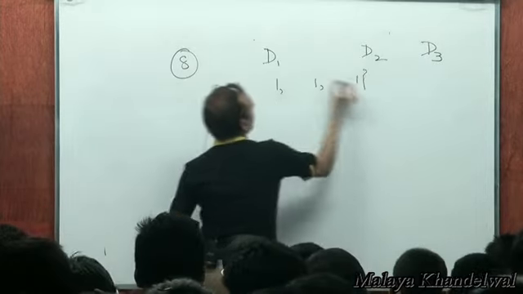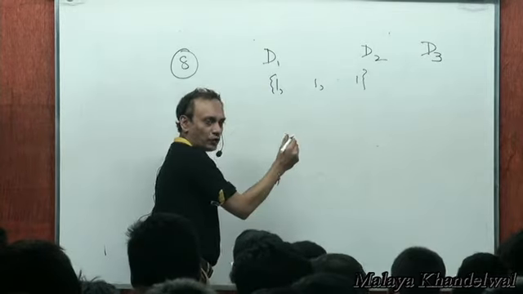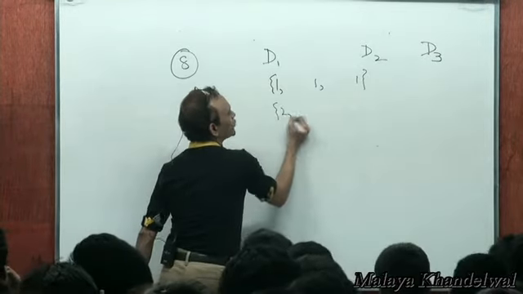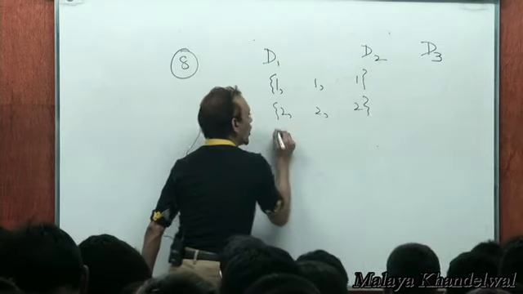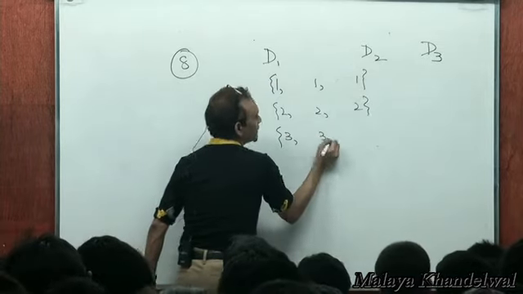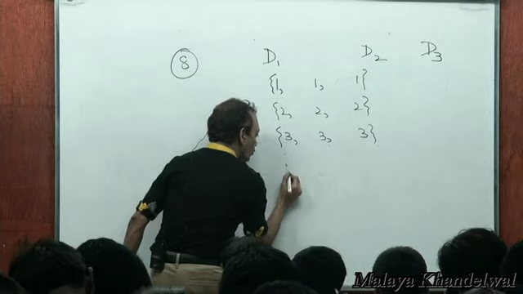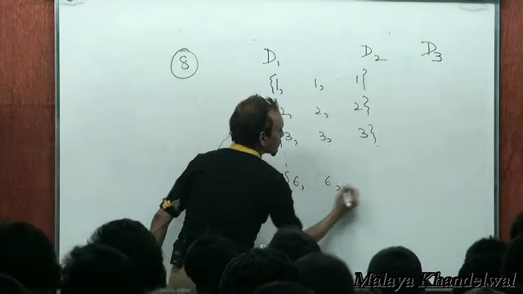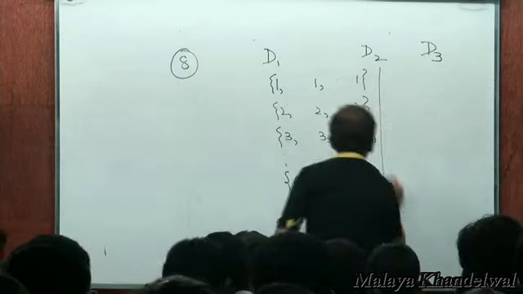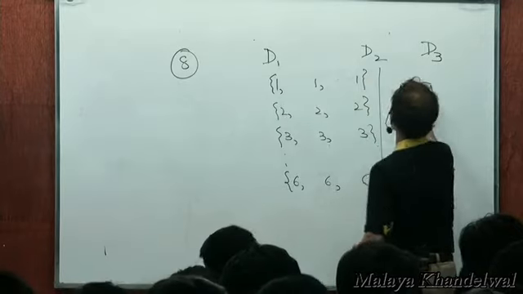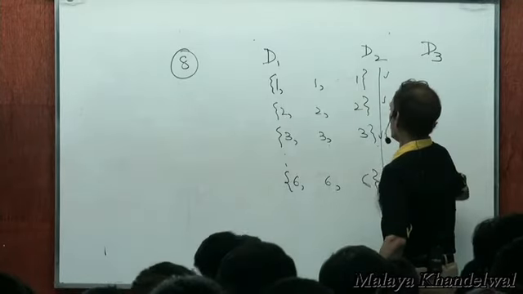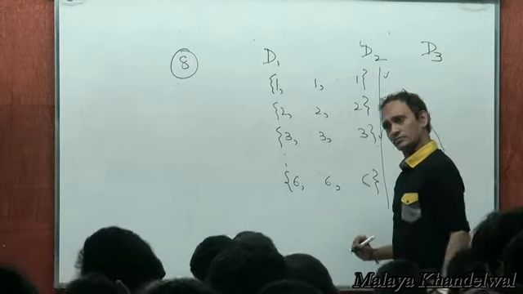Same number means all D1, D2, D3 would give me an output 1, or all would give me an output 2, all would give me an output 3, or 4, or 6. So this count obviously is 6. To get the same number on all 3 is 6 ways, right?